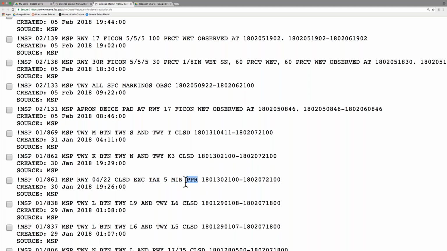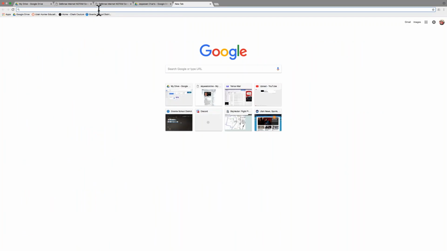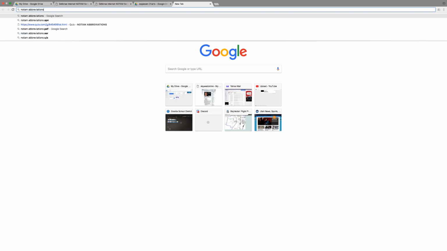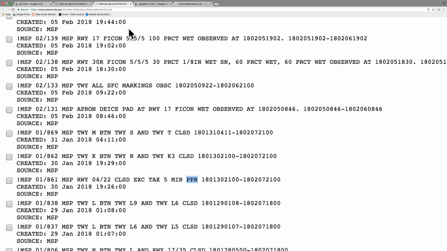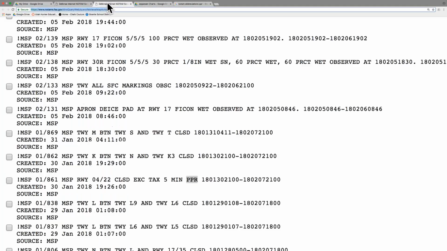So I'm not exactly sure what this PPR is, and you guys won't know what all of these mean. Let's see. NOTAM abbreviation, PPR, right? So this is what I do when I question something on there. Prior permission required.